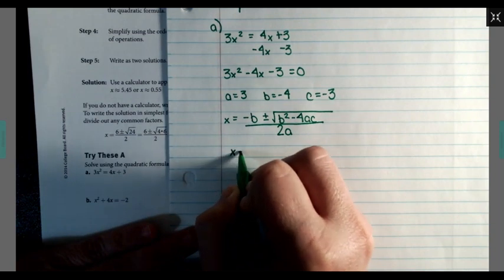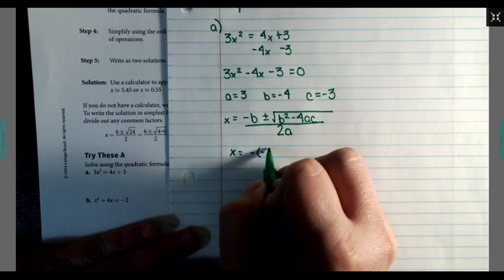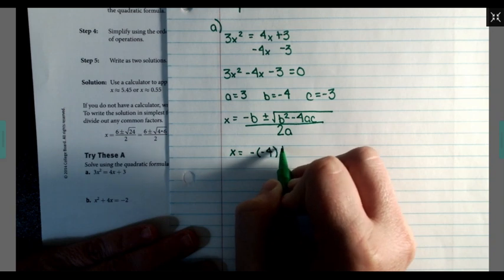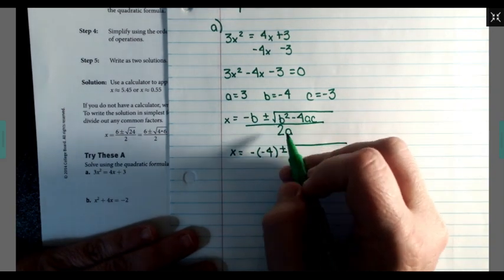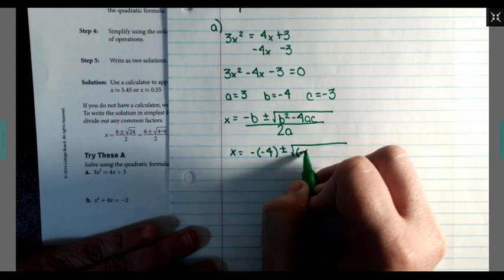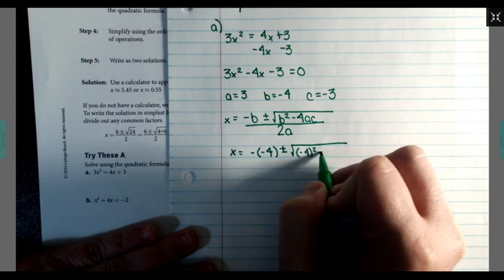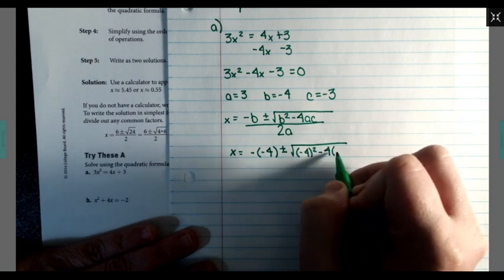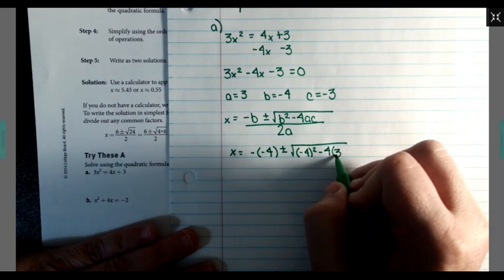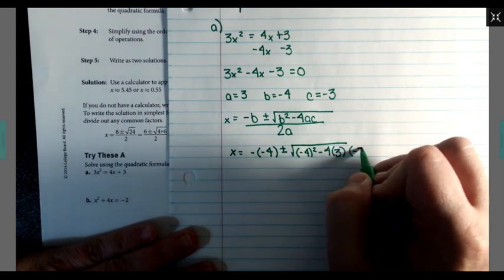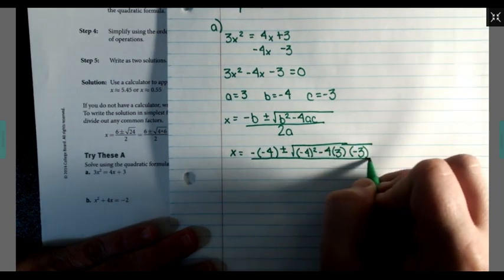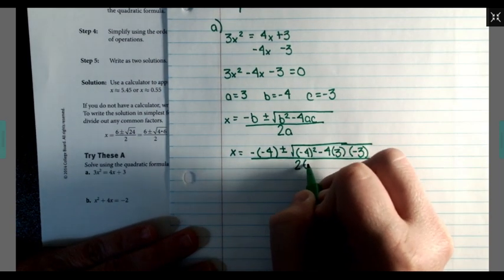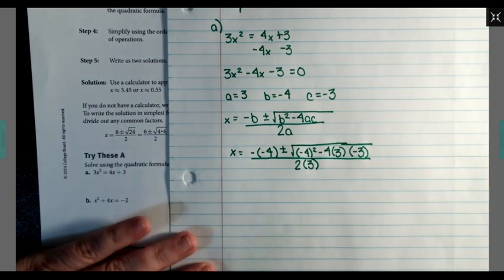So we'll have x equals negative 4 plus or minus square root. This is going to be negative 4 squared minus 4 times 3, which is a, times negative 3, which is c, all over 2 times 3, which is a.